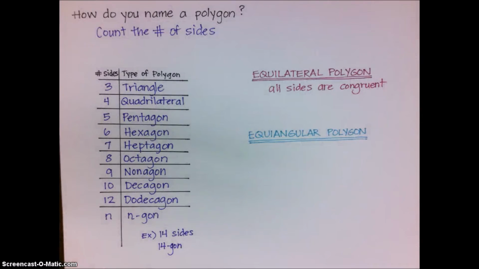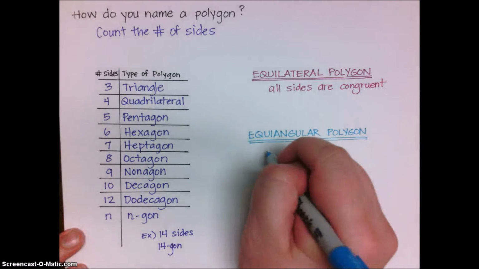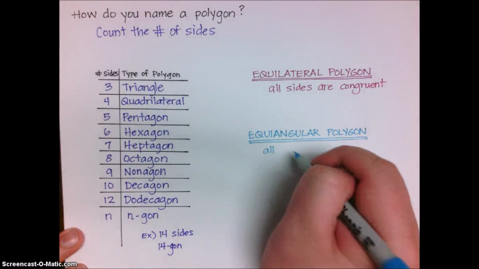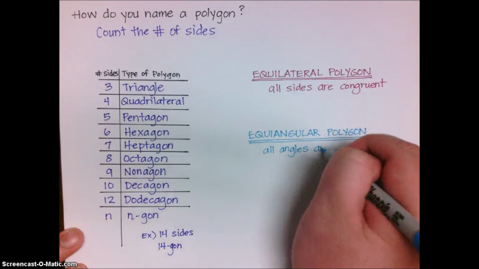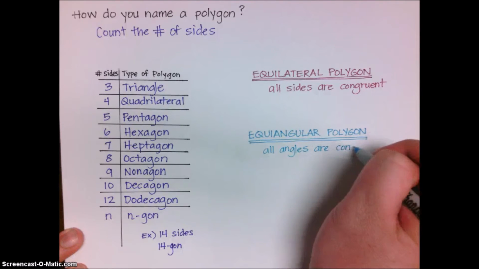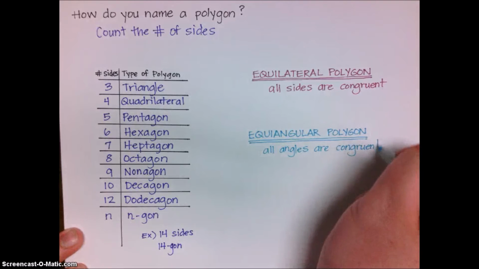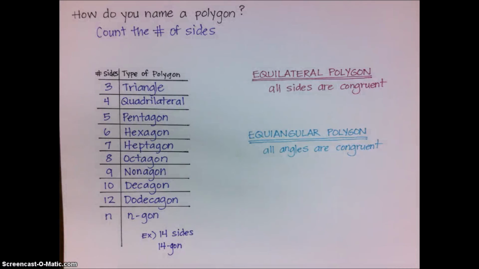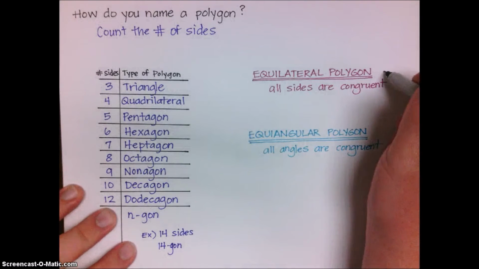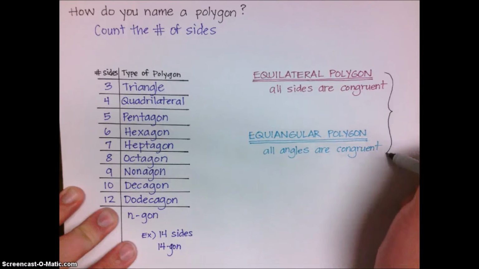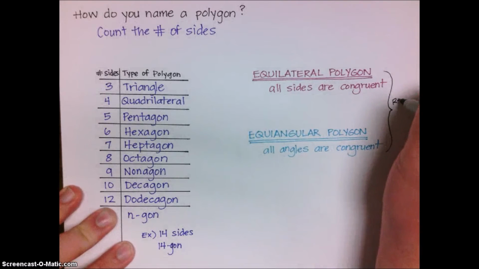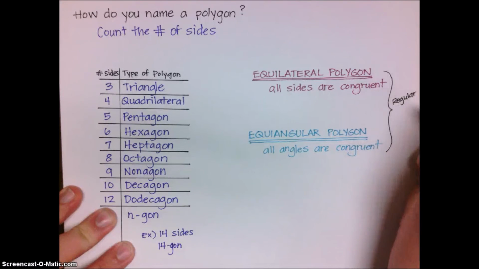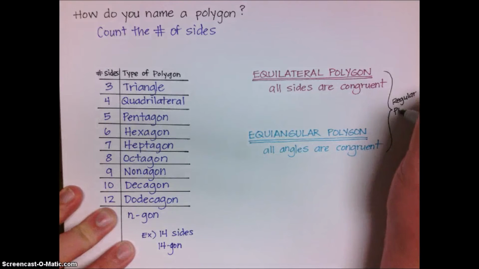And a polygon is called equiangular if all angles are congruent. And in the end, if you ever find a polygon that is both equilateral and equiangular, it's called a regular polygon. That means that it's both.